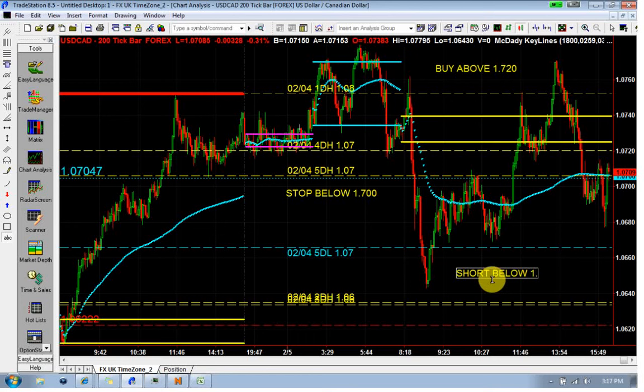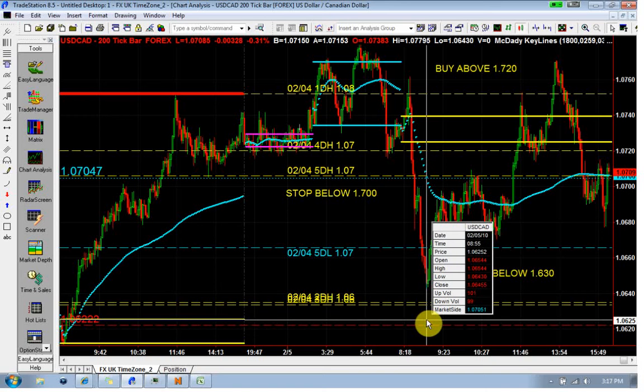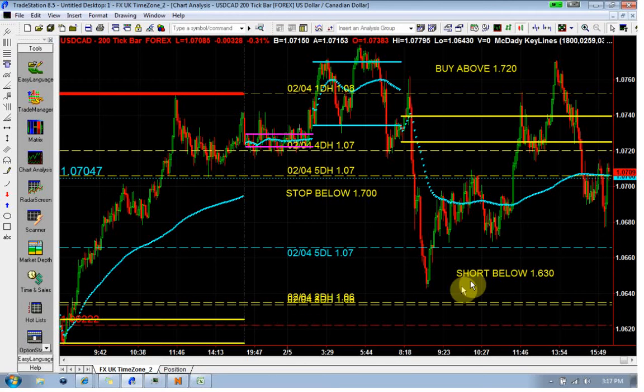I'm going to take it below these lows, which is going to be 106.30. So we're going to put the stop right there. We're going to go short right there, and I'm going to put my stop right here.